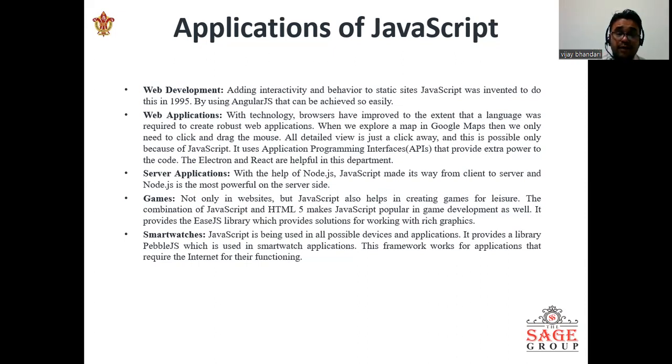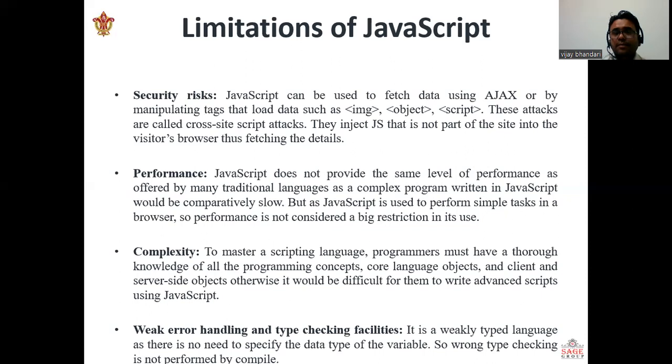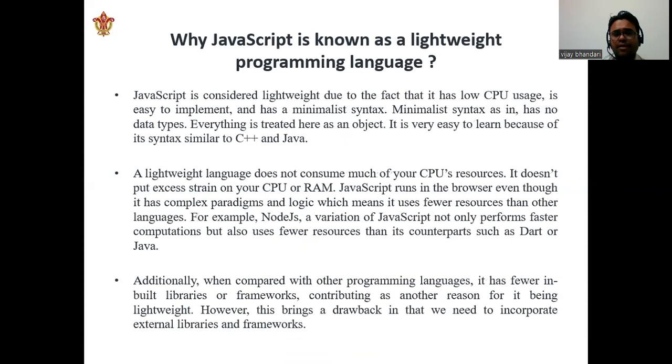It provides a library, Pebble.js, which is used in smartwatch applications. There are also frameworks for applications that require the internet for their functions. Several tools can be used for making applications. Some limitations of JavaScript are security risk, performance, complexities, weak error handling, and weak type checking facilities.